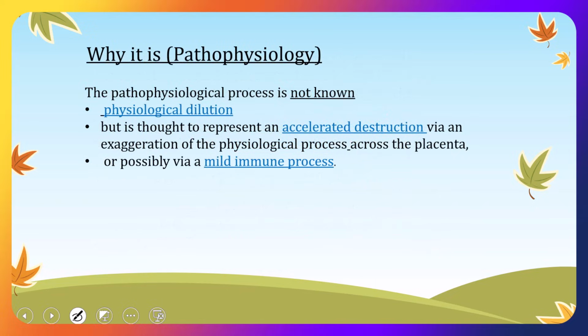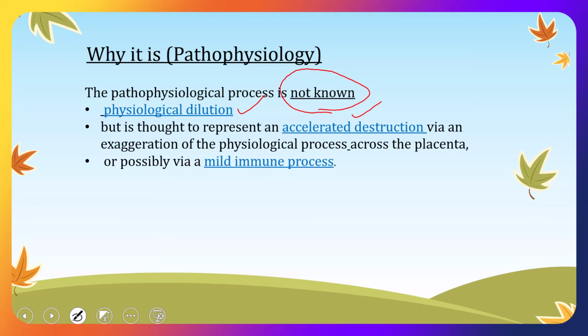Now you can be asked, what is the pathophysiology? The answer is that the pathophysiological process is not exactly known, but there are a few concepts which you have to remember. It is regarded that sometimes it is due to physiological dilution due to pregnancy. Second, it is thought to represent an accelerated destruction via an exaggeration of the physiological process across the placenta.